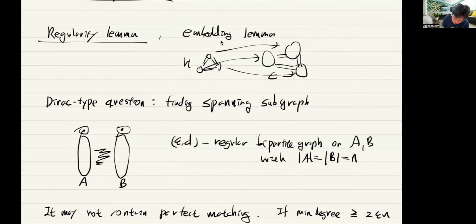Let's say R is a reduced graph, a graph on the vertex set [r], with bounded maximum degree.